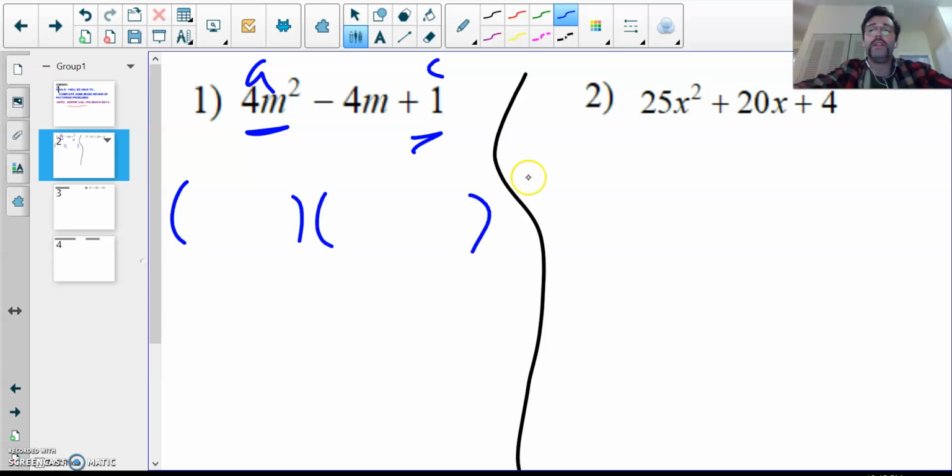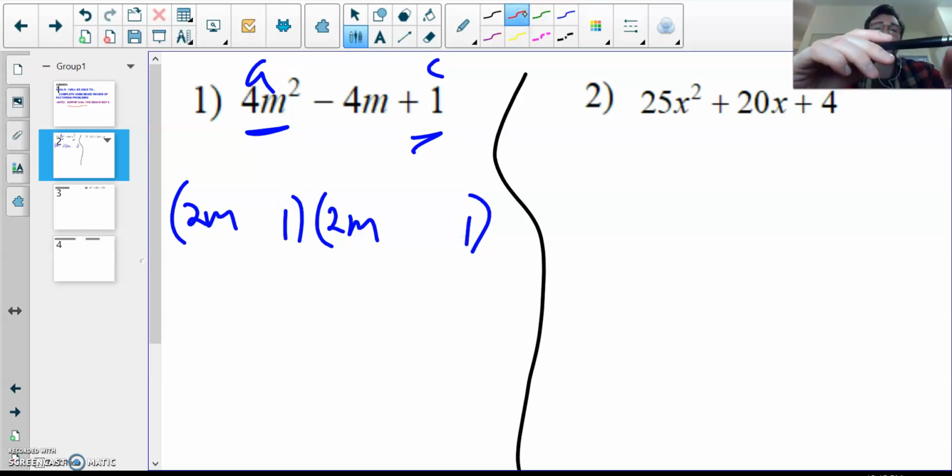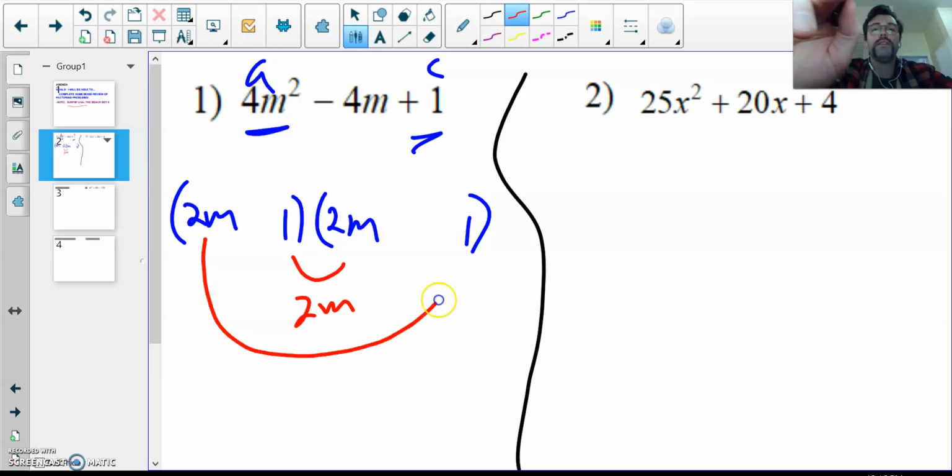I know that the square root of 4 is 2, and to get m squared, I need m times m. So I have 2m and 2m. The square root of 1 is just 1. Ms. Logus talked about this yesterday. If I multiply these two terms here, I'll get 2m. Multiply these two terms here, I'll also get 2m.